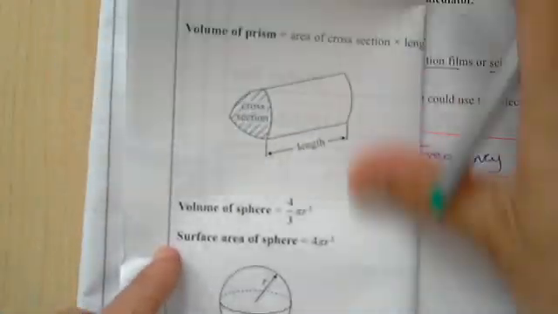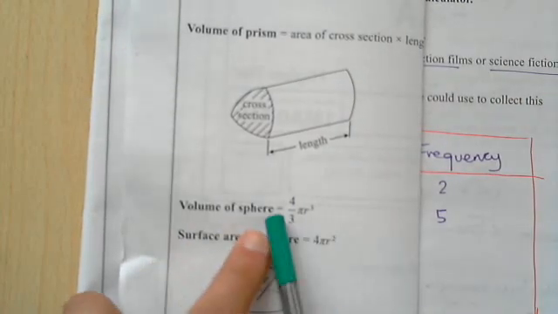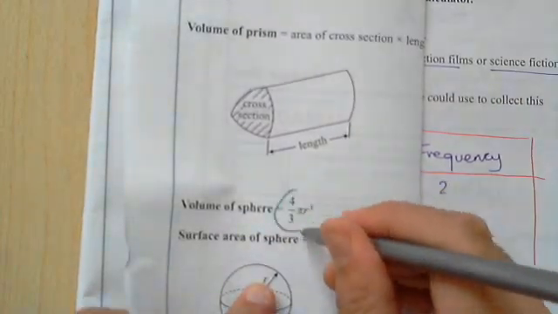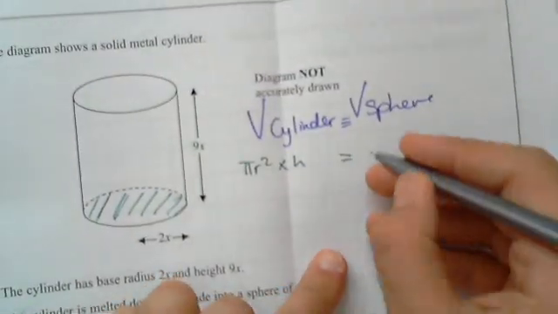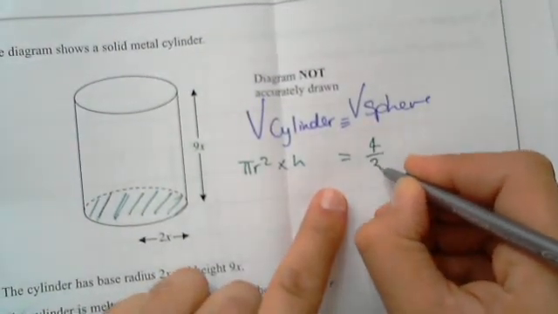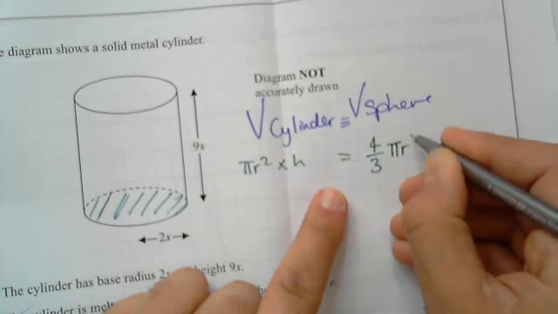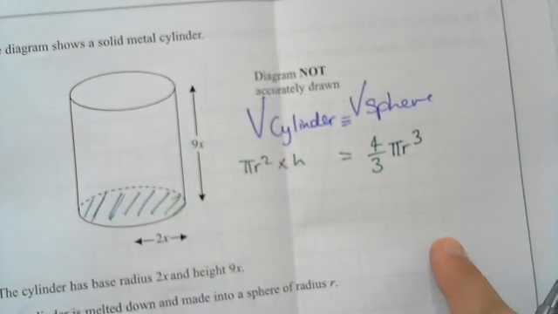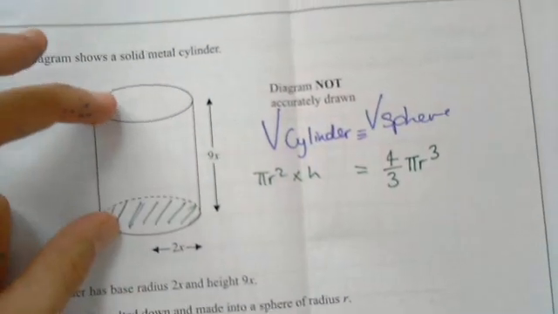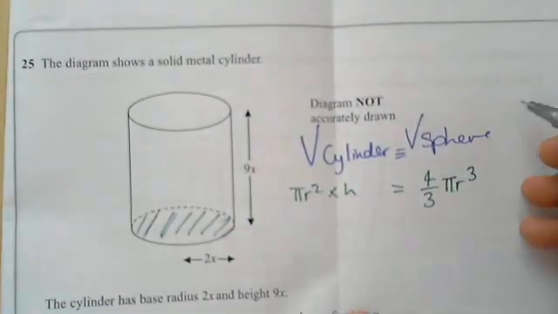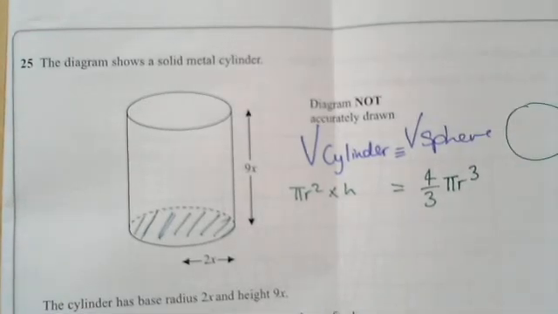You'll find that at the front of the paper. Volume of a sphere is 4/3 pi r cubed. So what we know is that the volume of the cylinder will be the same as the volume of the sphere.